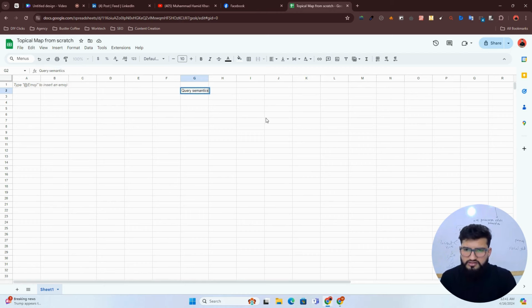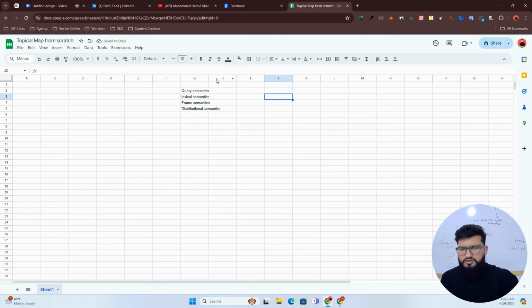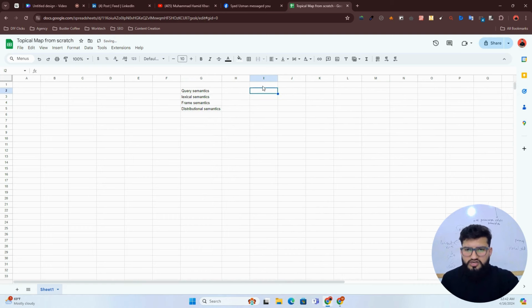query semantics, lexical semantics, frame semantics, and distributional semantics, and some more concepts like types of attributes.